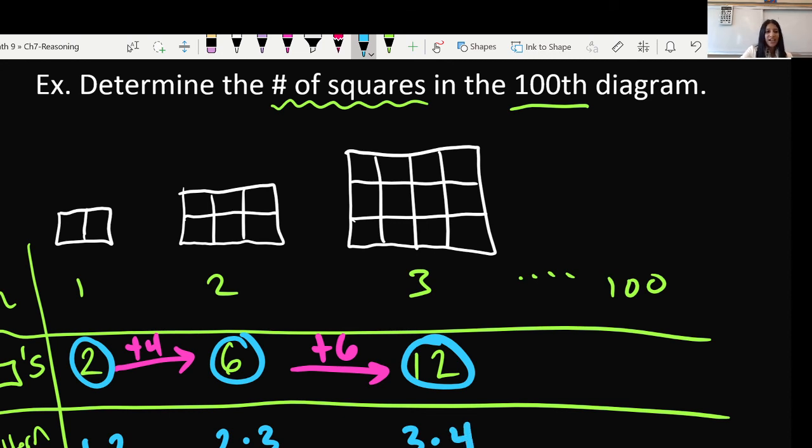Another way of looking at that is, I noticed when I was doing this, a better way for me to write this is to notice that there's a relationship between the number of squares that are vertical. So that's 1, that's 2, and that's 3. And then notice the relationship with the other side. This side is actually 1 plus 1, so it's 2. 2 plus 1, so it's 3. 3 plus 1, so it's 4.